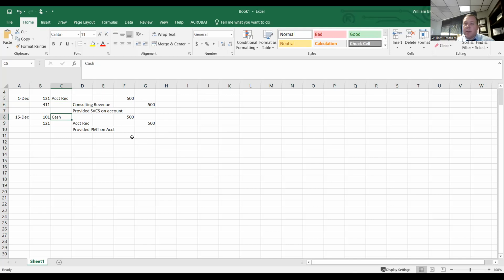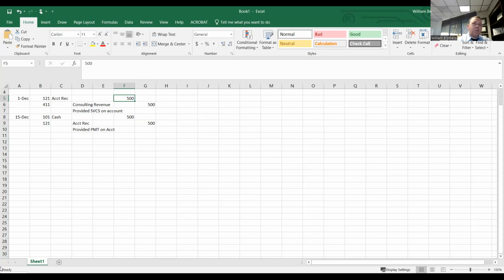If I put this in a T account, the original entry debited accounts receivable, credited revenue. This payment debits cash, credits accounts receivable. And so the effect in accounts receivable is that these two items zero out. At the end of the day, my balance in accounts receivable is now zero, but I've converted that to cash, and that's what I want to have happen.